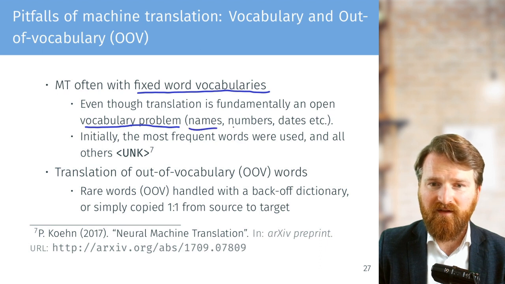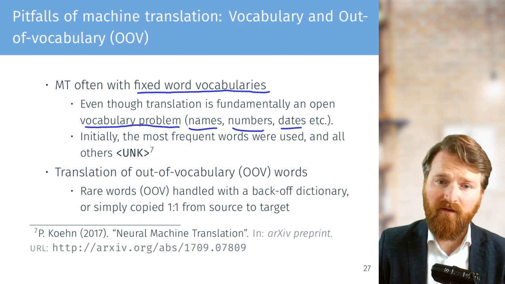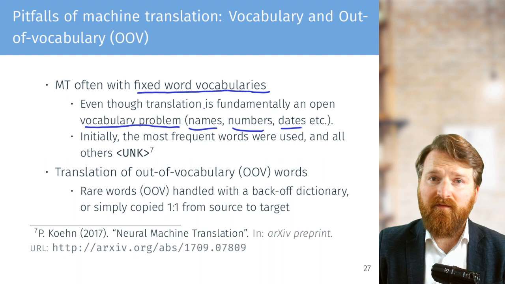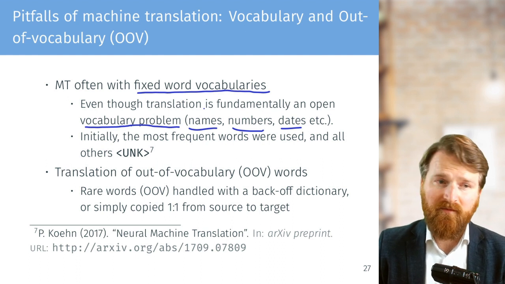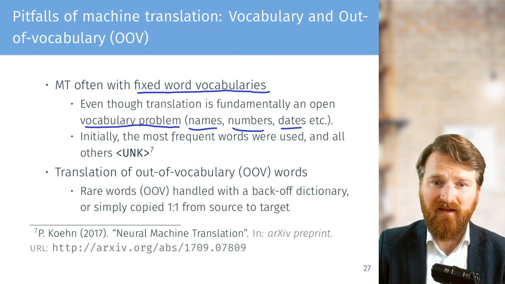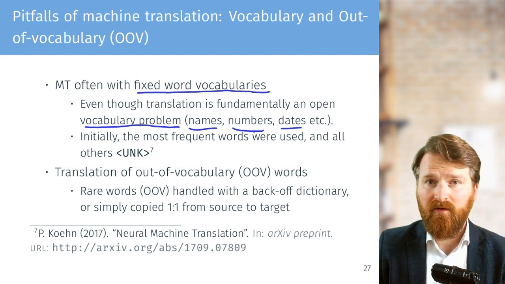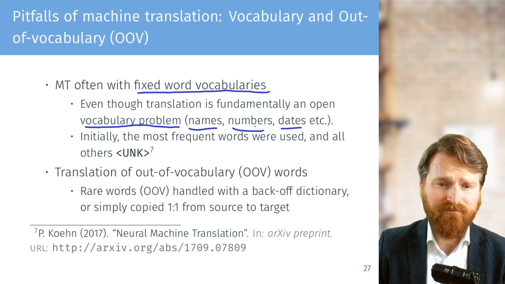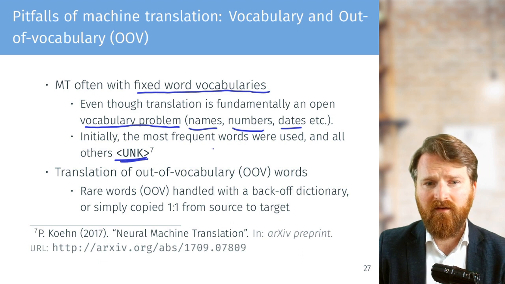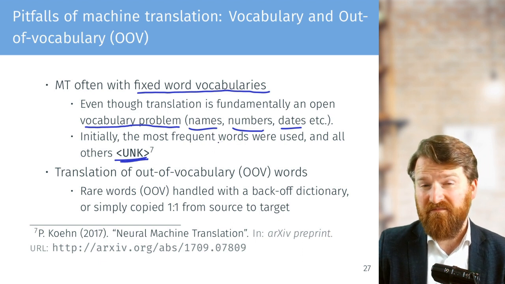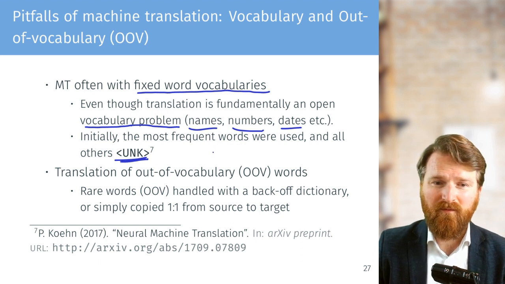So we have names, numbers, dates, and some of them you can encode or anticipate and put into vocabulary, but some of them you will never see until the test time, where your system will just fail. So you collect your vocabulary up to, let's say, 100,000 words, 200,000 words, and then the others are just some unknown token, which could work, but it's not always wanted.